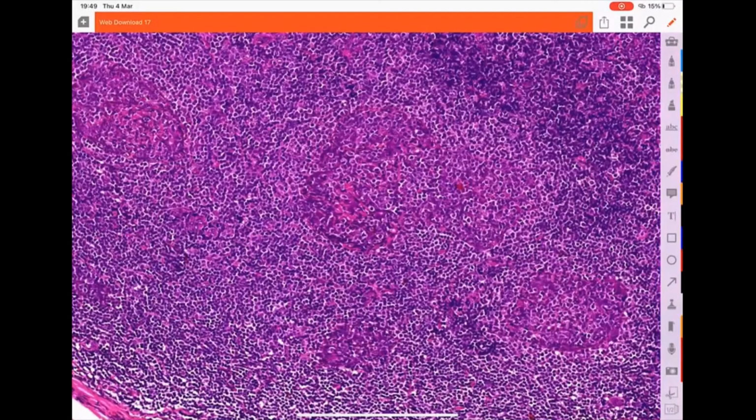So I agree that this is most likely lymphoma, right? Although the differential diagnosis here is between, this is a lymphoid-rich infiltrate with lymphoepithelial lesion inside the parotid gland.